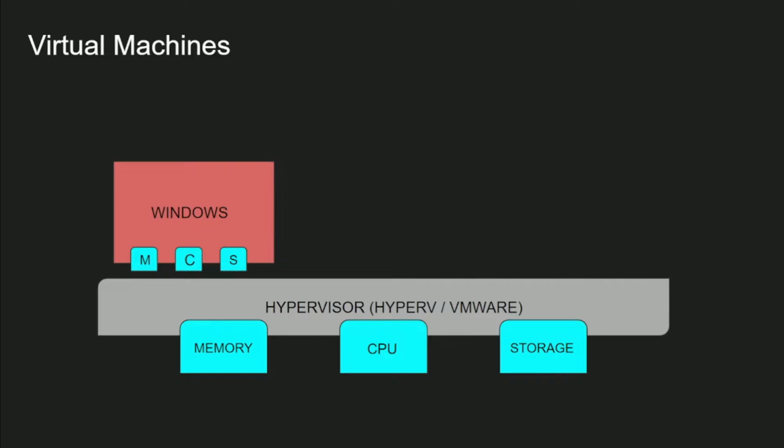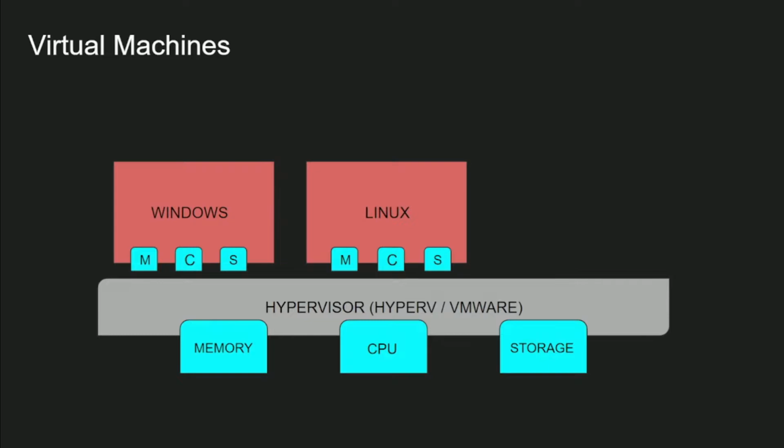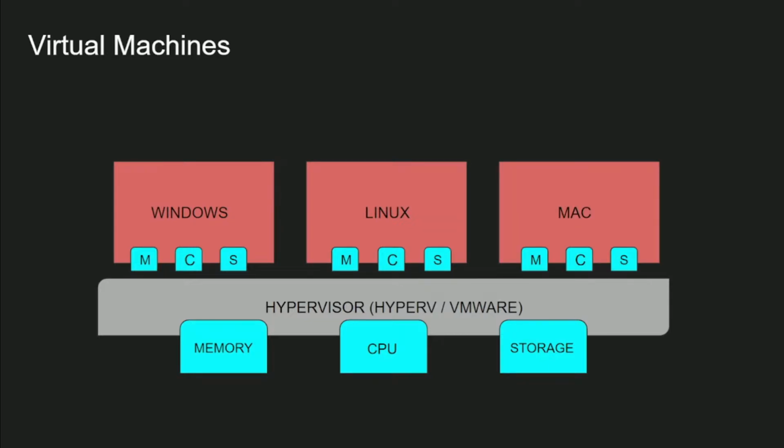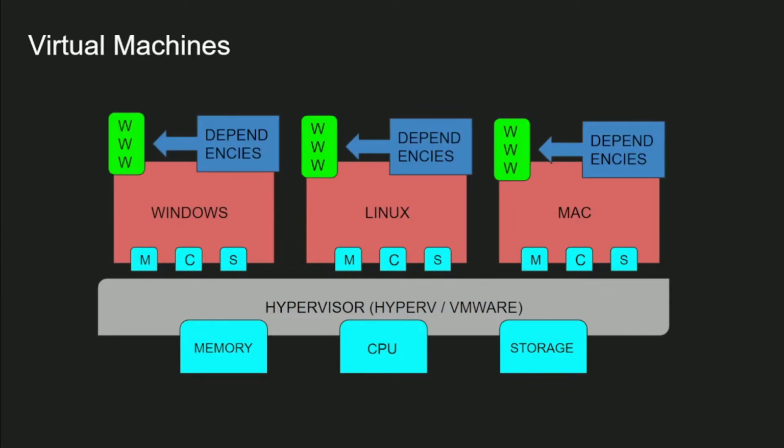And that Windows virtual machine that I just made appear on the screen is using the memory, CPU, and storage that are virtualized by the hypervisor. And so is the Linux virtual machine and the Mac virtual machine, because the fun fact is you can have different OSs on the same hypervisor. And yeah, the application and dependencies will run on top of them just like before.